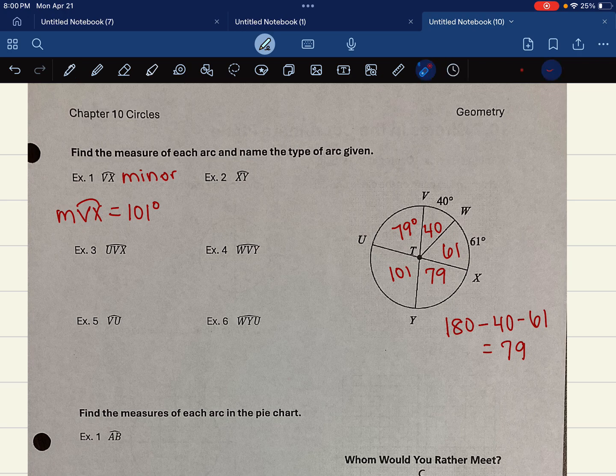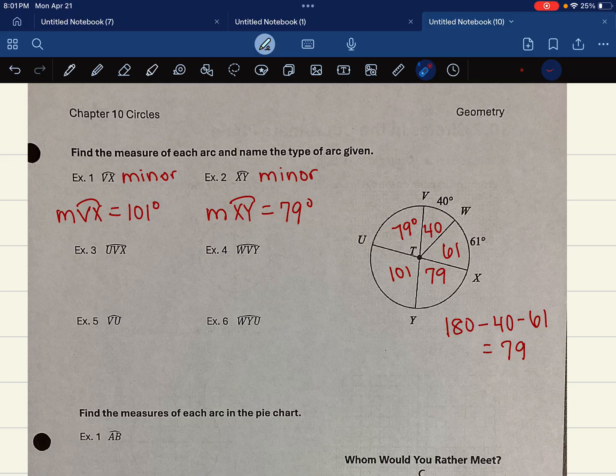Okay, on XY, this one's pretty simple because it's already given to us. From here to here, we know is 79 degrees. So the measure of arc XY is 79. Also less than 180, so it has to be minor. Now, here's the hint that will always tell you if it's minor: there's only 2 points instead of 3.